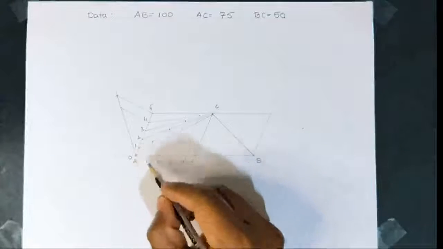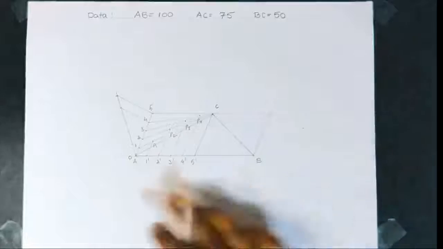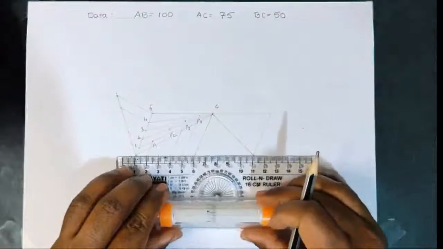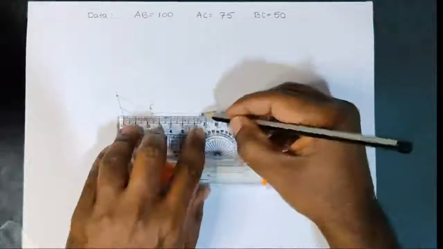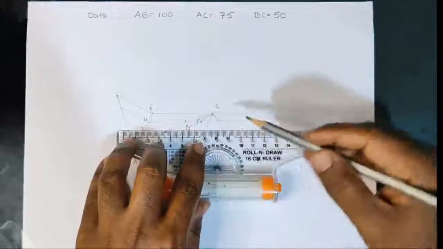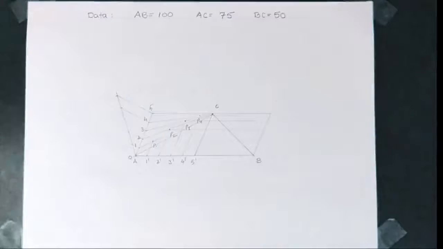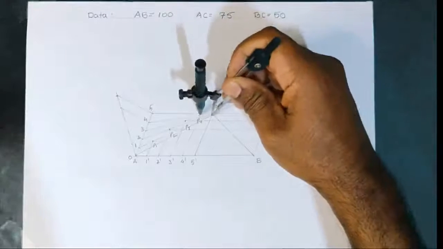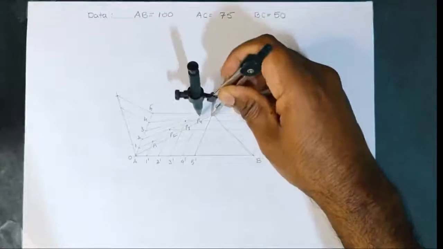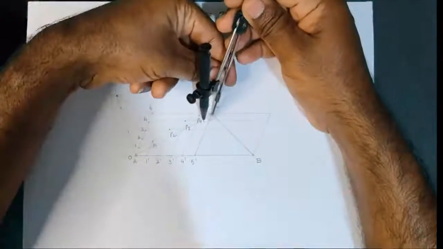After having obtained the intersection points as shown in the figure, I'll transfer the points through horizontals to the other side of the parallelogram. I draw horizontals parallel to the base and take the distance on the compass along the inclined axis and transfer it onto the other side.